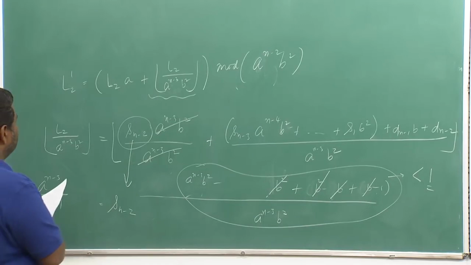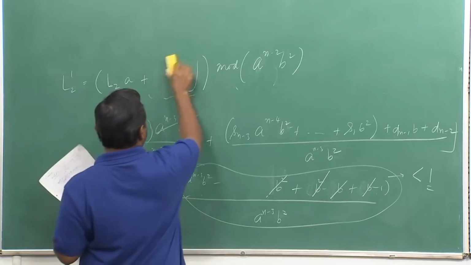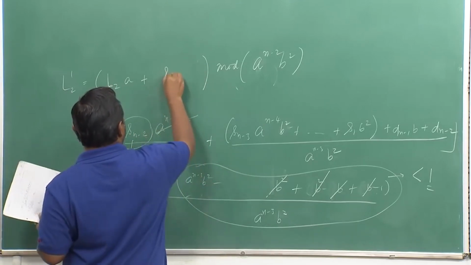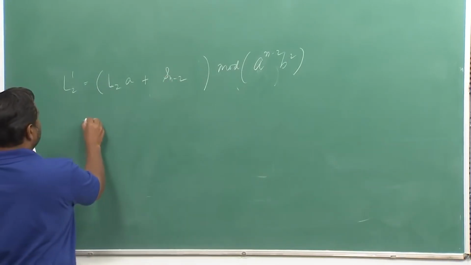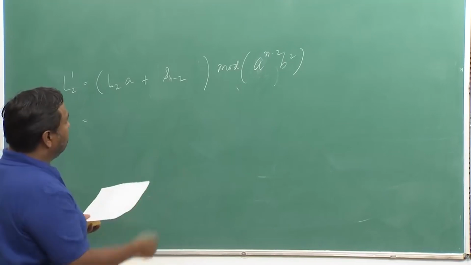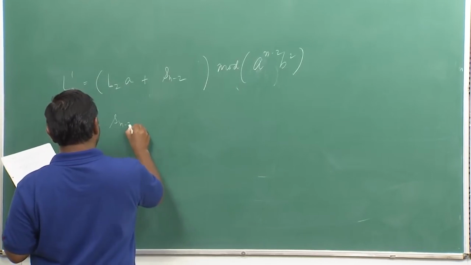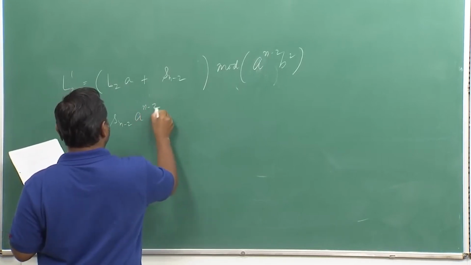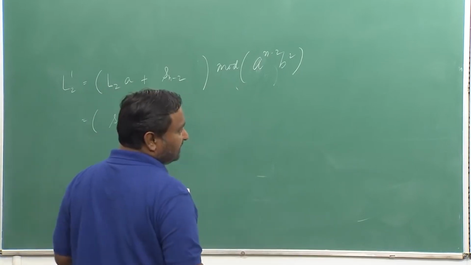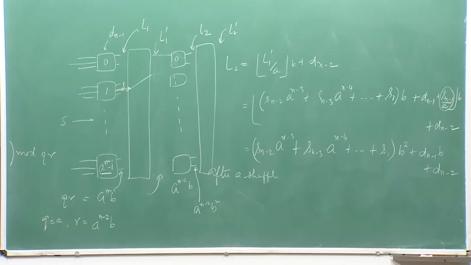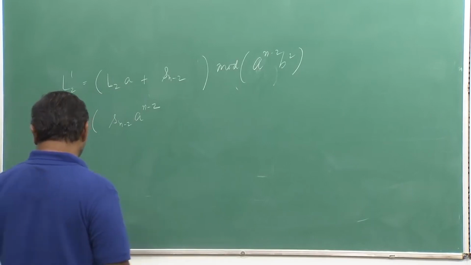Okay. So, I can actually use this Sn minus 2 and put it here, and let us see what is going to happen. So, I can replace this by Sn minus 2. So, I need to expand this one for L2 prime. So, again I will put L2 from there into L2A. So, this will be Sn minus 2 a raised power n minus 2. So, remember it was Sn minus 2 a raised power n minus 3. So, I am multiplying by a, okay. And there is a b square term which will also come at the end.